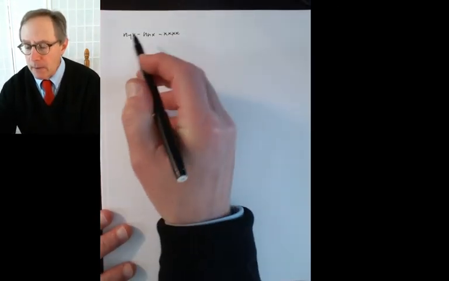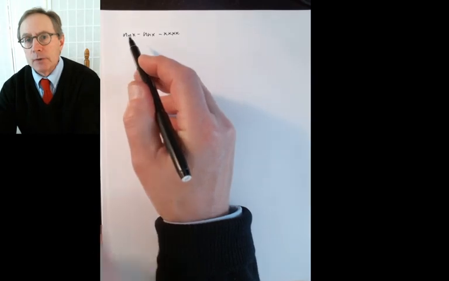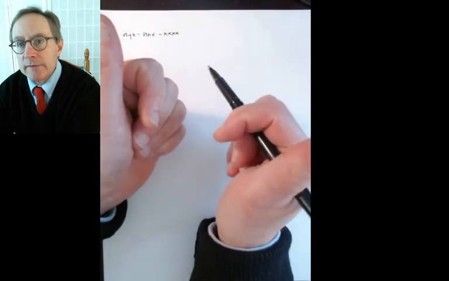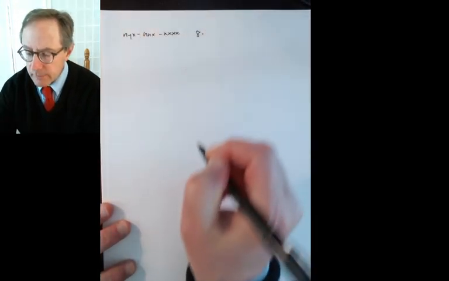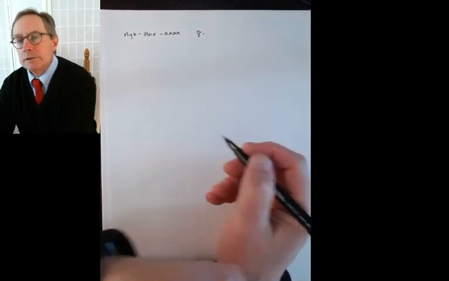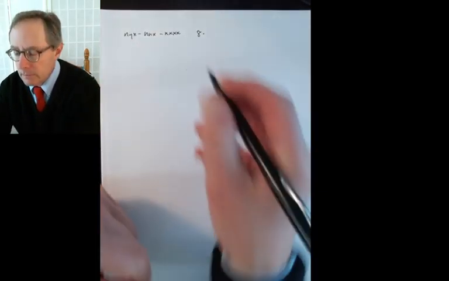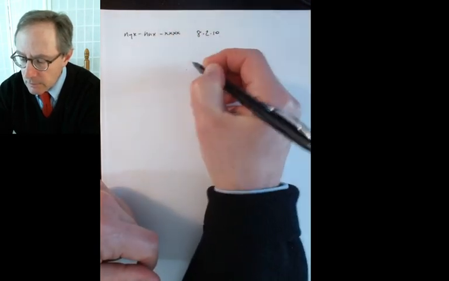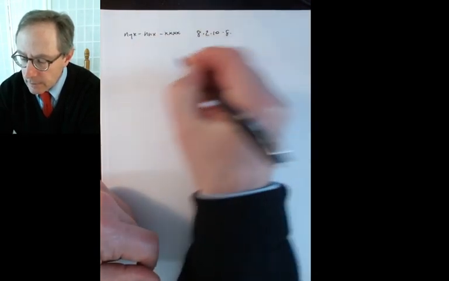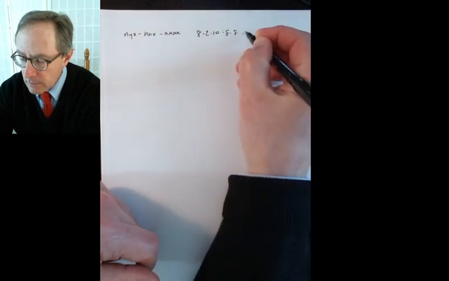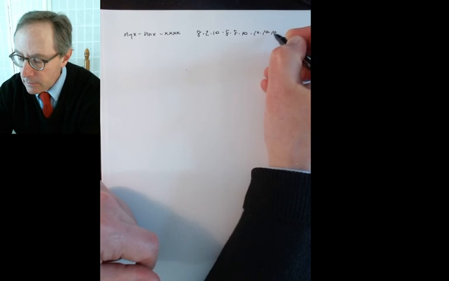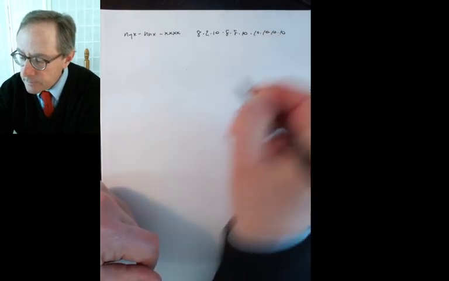Okay, so how many phone numbers have 2 through 9? So 2 through 9 is 2, 3, 4, 5, 6, 7, 8, 9. That's 8. So we're looking at 8, then 2 for the 0 or 1, then 10, then 8, 8, 10, 10, 10, 10, 10.